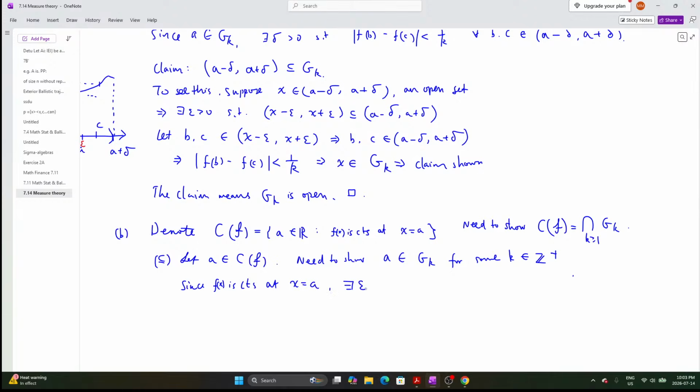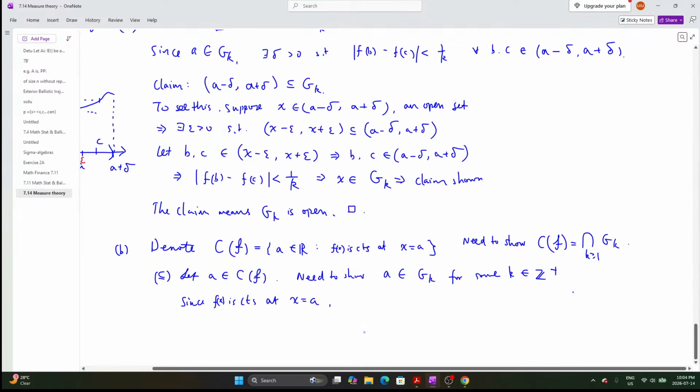it follows that there exists epsilon greater than 0. Actually, no. We need for every epsilon. Hang on.